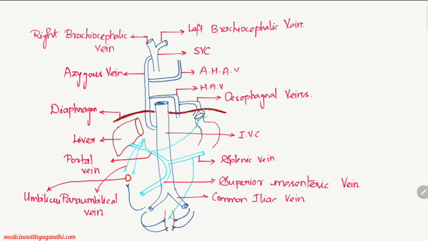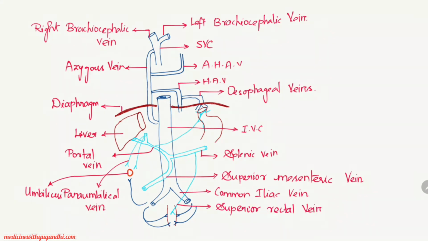Coming down, you could notice 2 veins. They are the common iliac veins. Together they drain into the inferior vena cava, right? The right and left common iliac veins divide into the external iliac vein and the internal iliac vein. And what you're seeing here is the superior rectal vein.